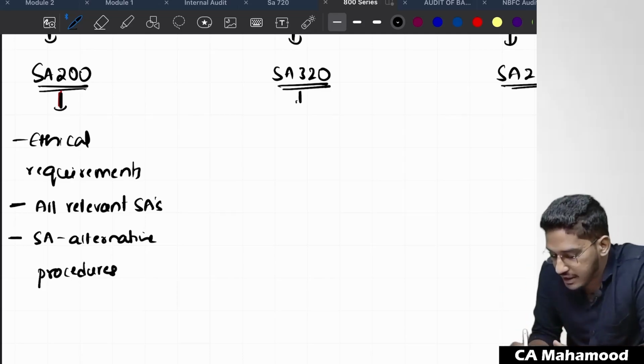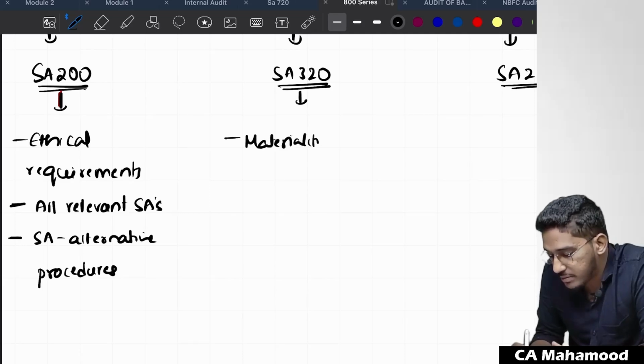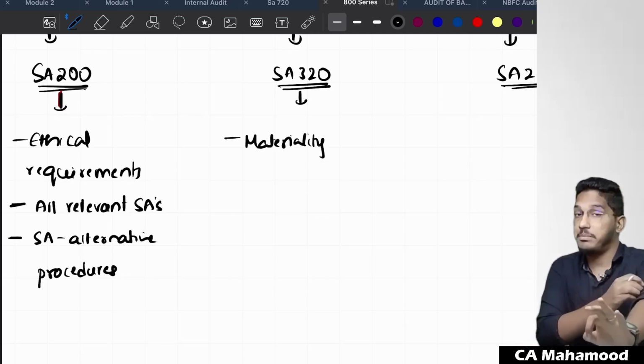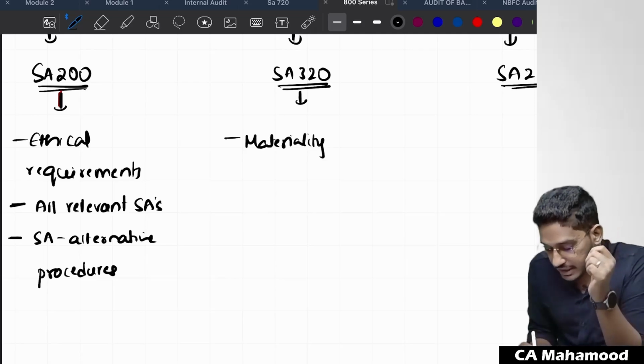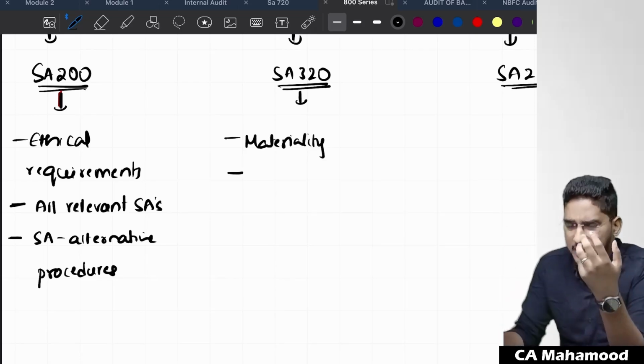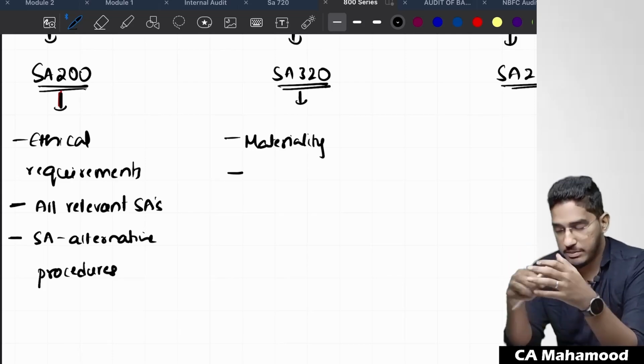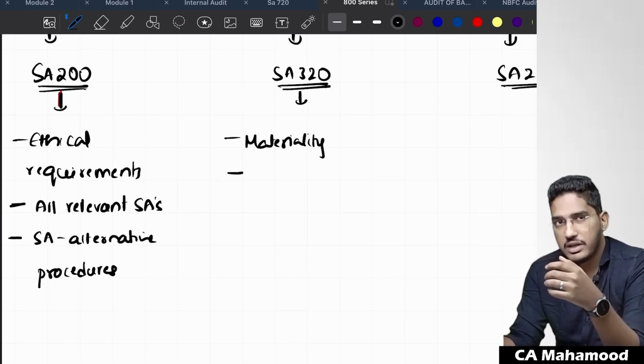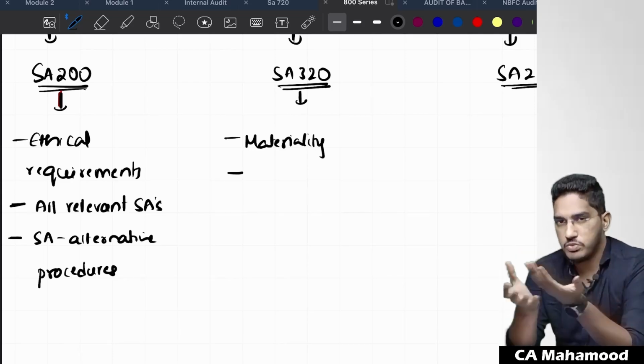Then SA 320, they say you have to determine materiality. Even in the audit of special purpose financial statements, you have to determine materiality. And when we are deciding materiality in normal general purpose financial statements, we determine materiality considering information needs of all the users.